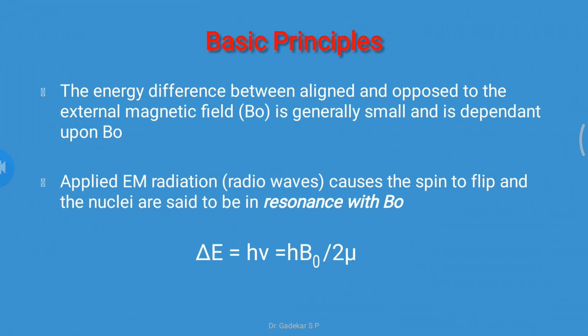Applied electromagnetic radiation or radio waves cause the spin to flip. The nuclei are said to be in resonance with B0, and this energy we can calculate as delta E equals h nu, and h nu is equal to h B0 upon 2 pi.